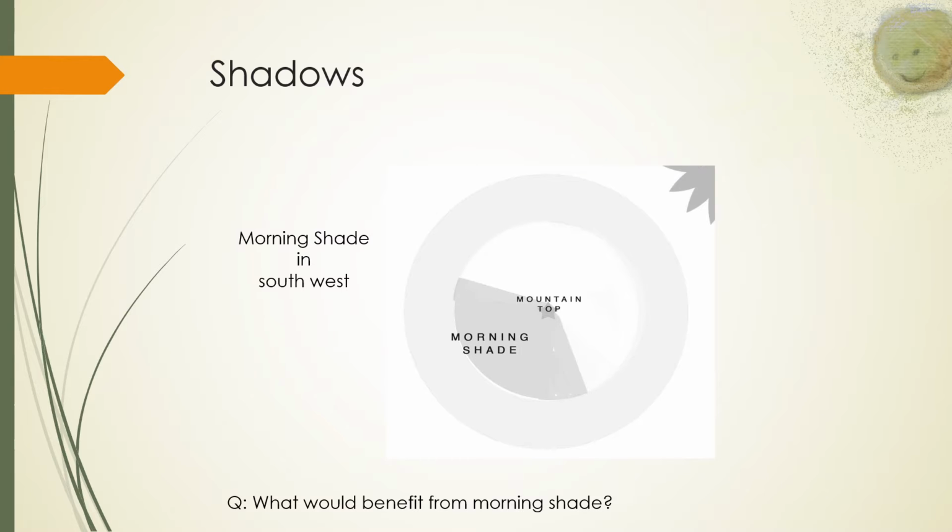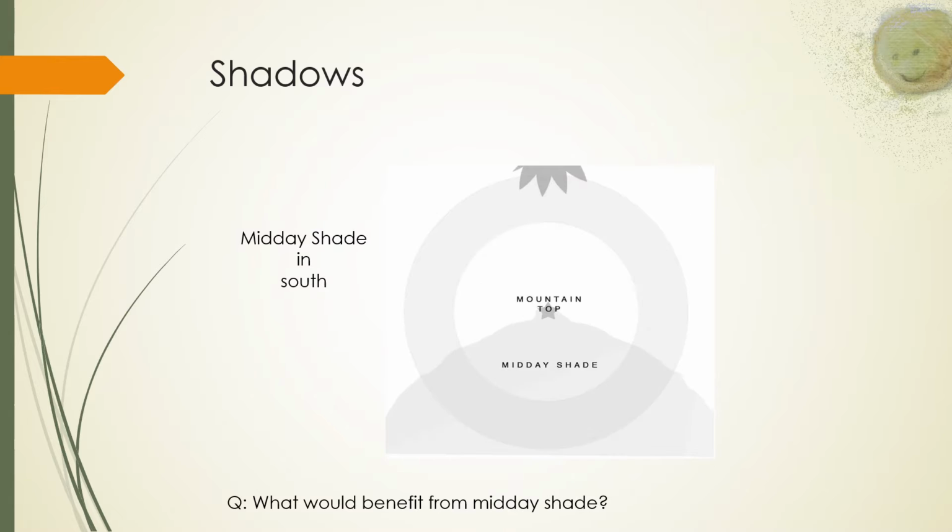In this little exercise, we're looking at a mountain from above. You can see there in the middle of the picture is a little mountain top, and the sun is on the right. So the morning shade is on the opposite side of where the sun would be coming. Then in the middle of the day, the shade has moved.